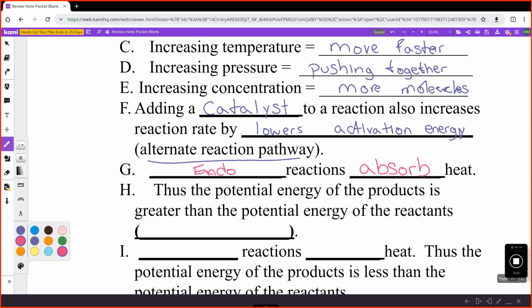And what happens is the potential energy of the products is greater than the potential energy of the reactants. I'll explain that more once we get down to the graphs below. But this leads to a delta H value being positive.